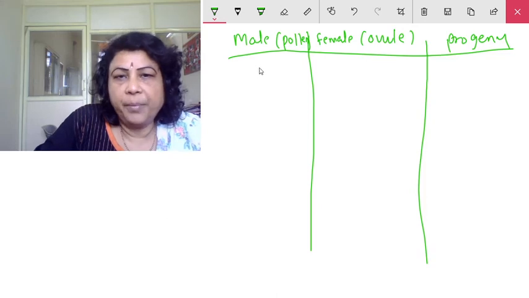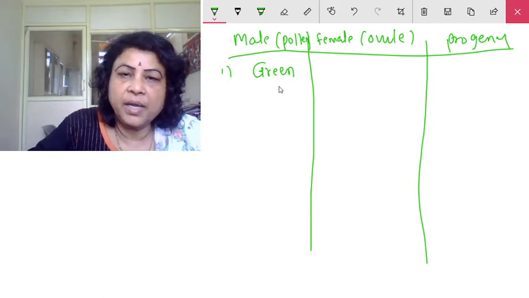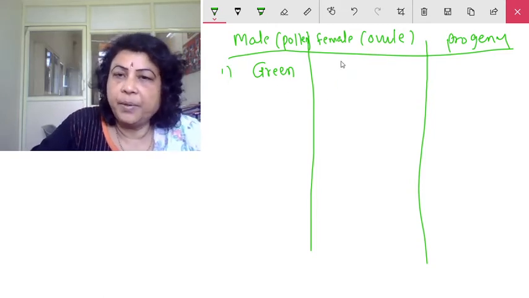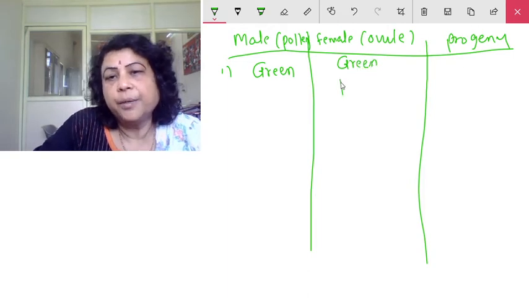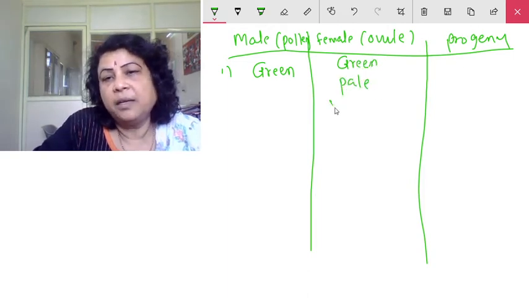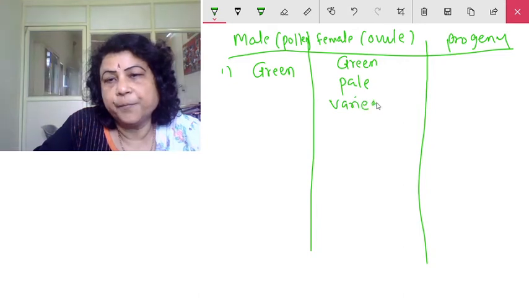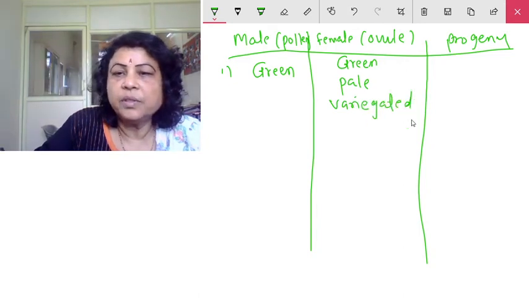Suppose the male is green in color, and the female is green, pale, and variegated.